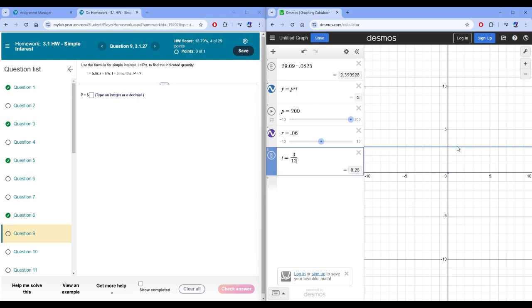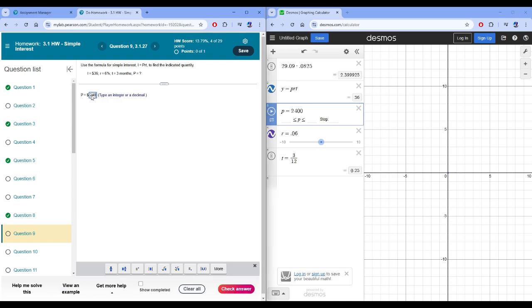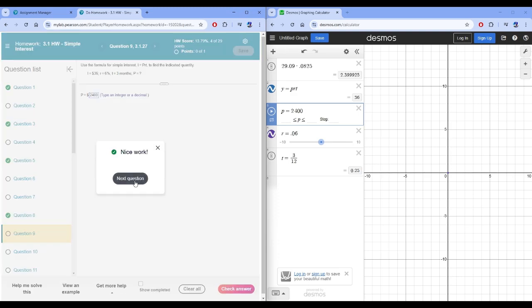And then that means my principal, I want the interest to be $36. Write the equation, solve backwards, right? It's going to be $2,400, and that's just using Desmos.